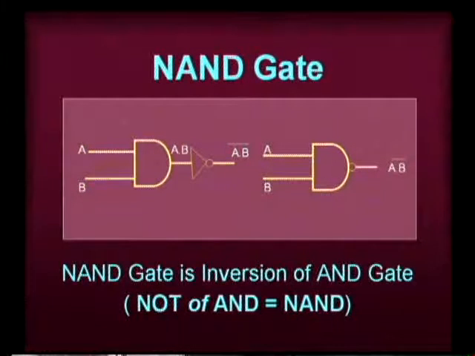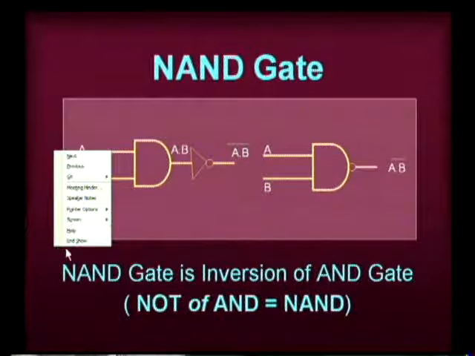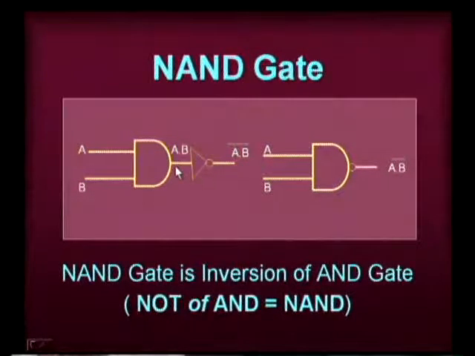The NAND gate is an extension of the AND gate. Here you can see the AND gate. When an inverter is placed at the output of the AND gate, you get a NAND gate.